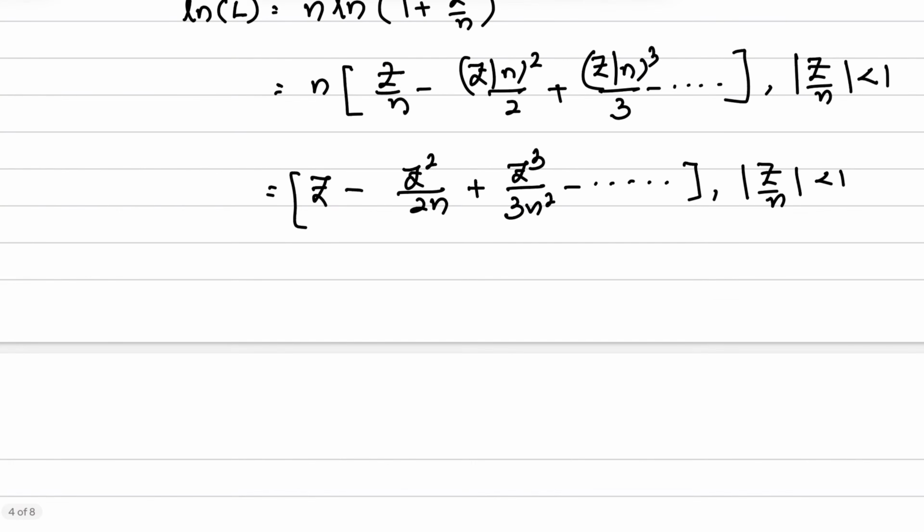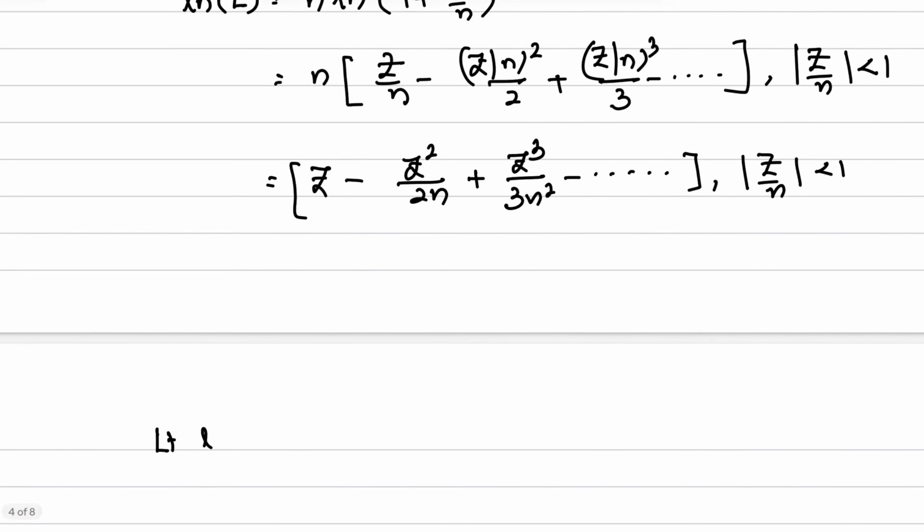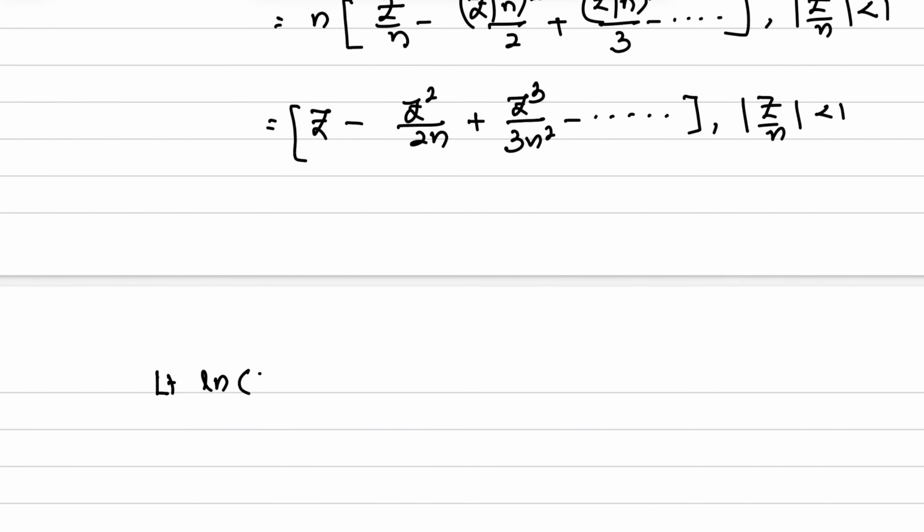Now we will take the limit. By taking the limit of ln L, n tends to infinity.